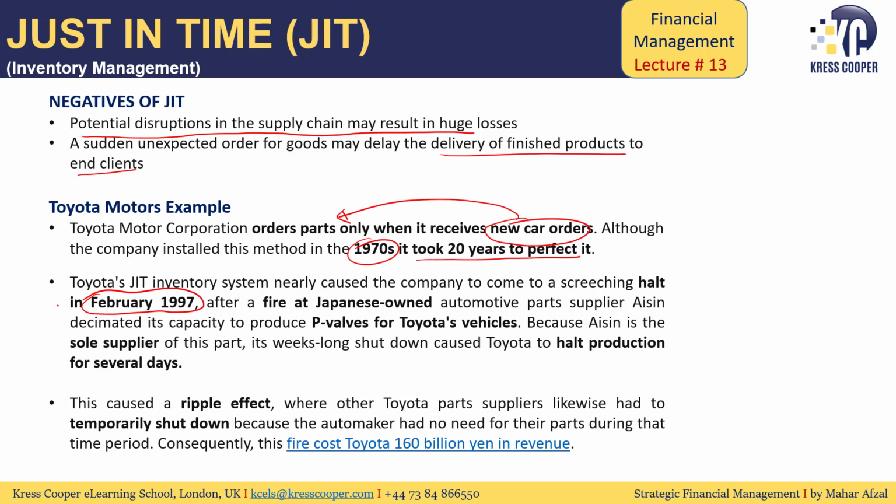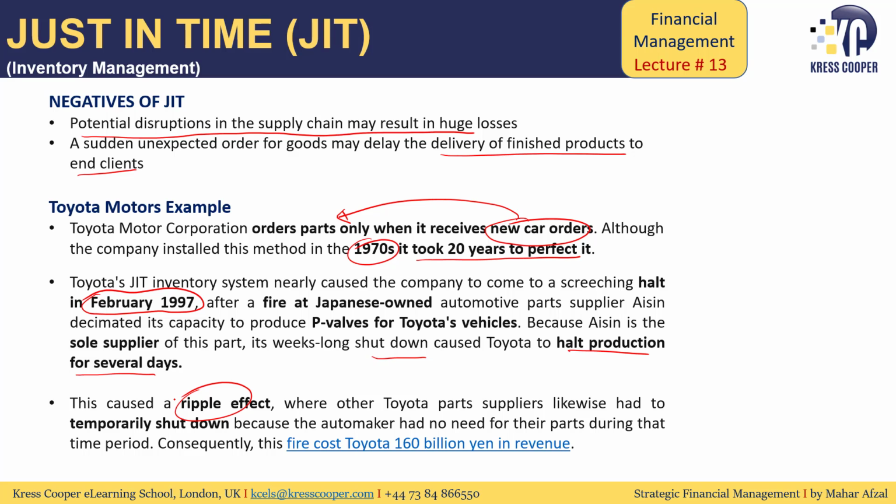When supply to Toyota Motors was disrupted, it led Toyota to halt production for several days. The raw material was not supplied on a timely basis because the fire broke out, leading to disruption and shutdown of production at Toyota Motors for several days. This is called a ripple effect, where other Toyota parts suppliers likewise had to temporarily shut down.